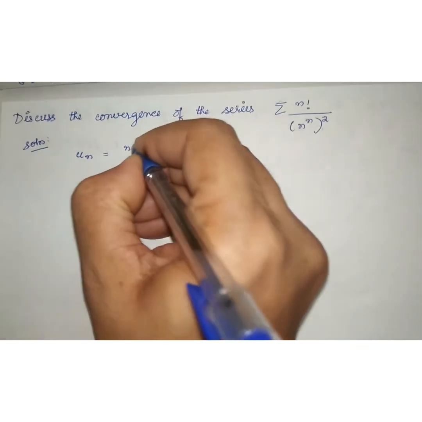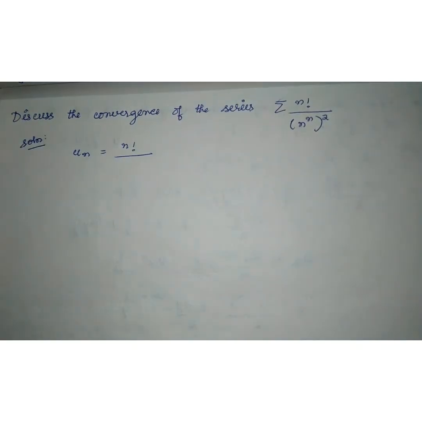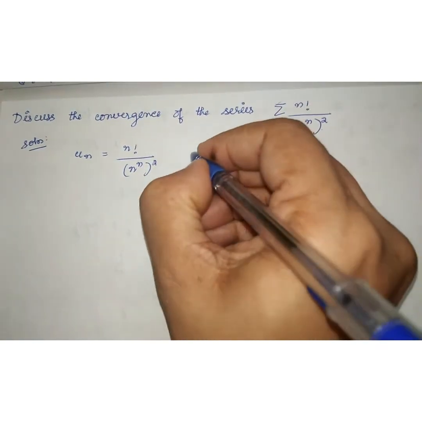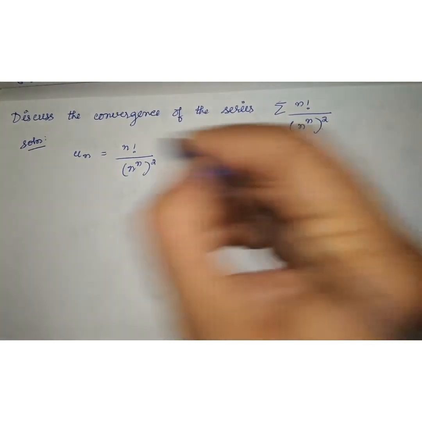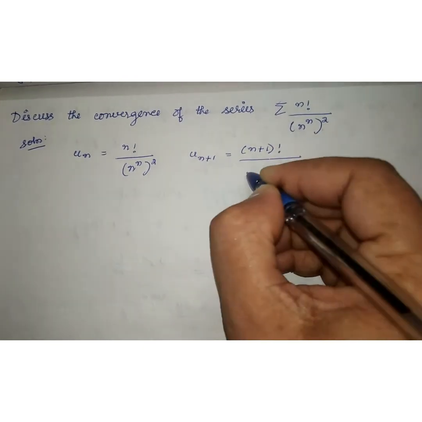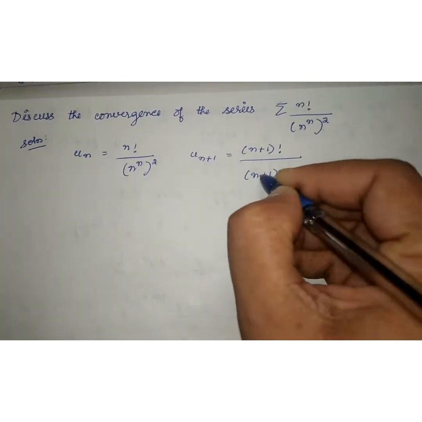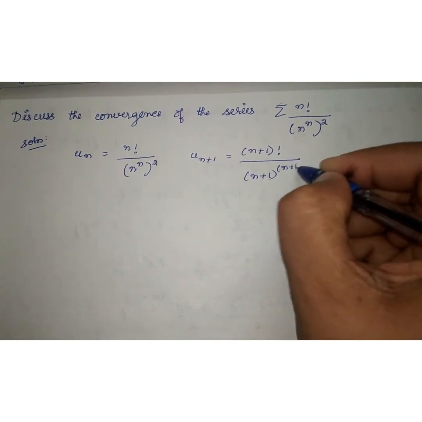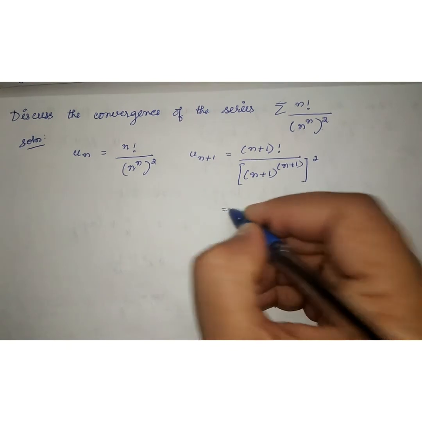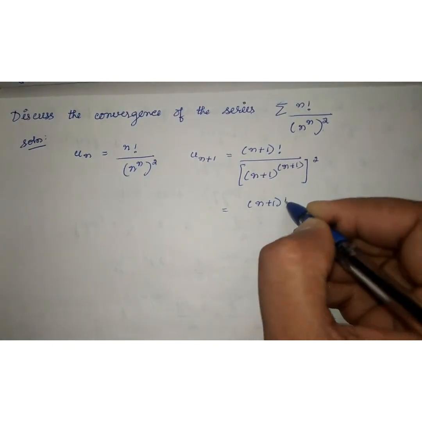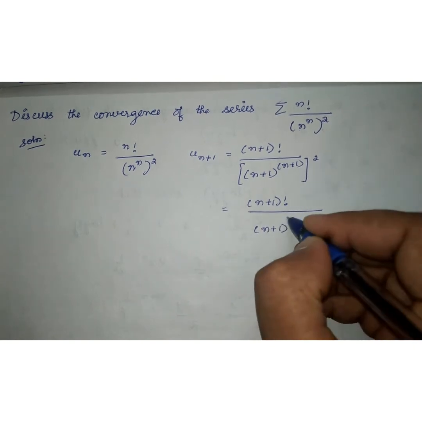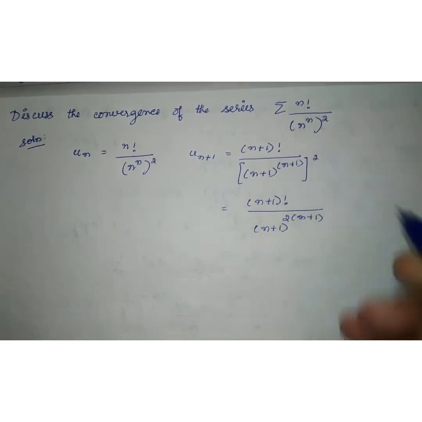Un is n factorial by n to the power n whole square, and un plus 1, the next term of un, is n plus 1 factorial by n plus 1 to the power n plus 1 whole square. So further this can be written as n plus 1 factorial by n plus 1 to the power 2 into n plus 1.